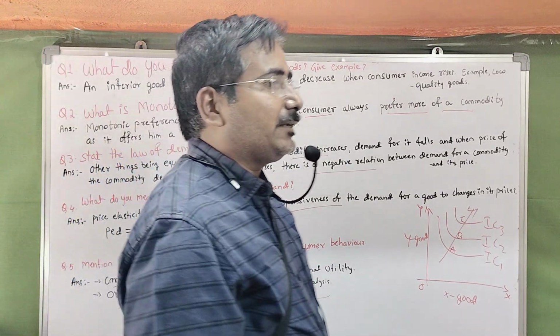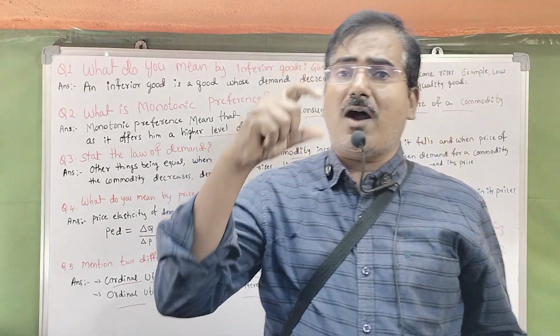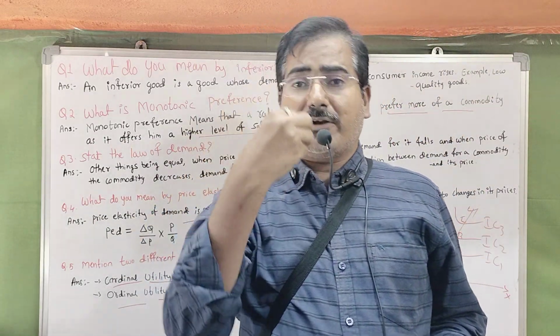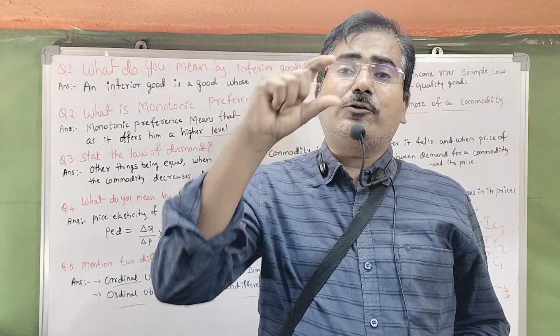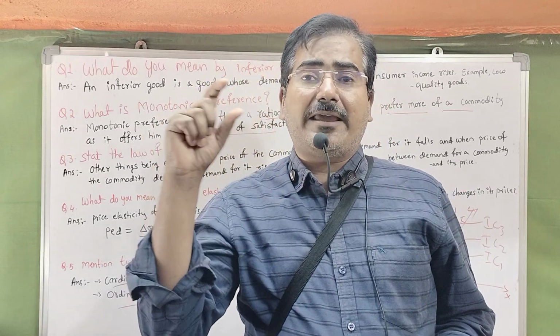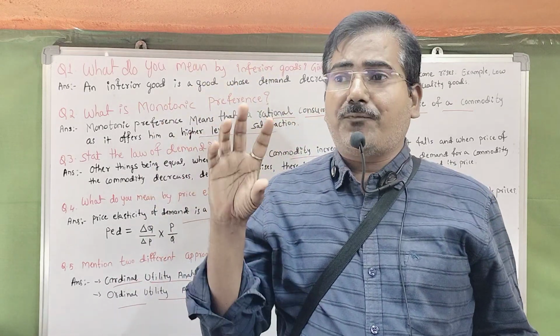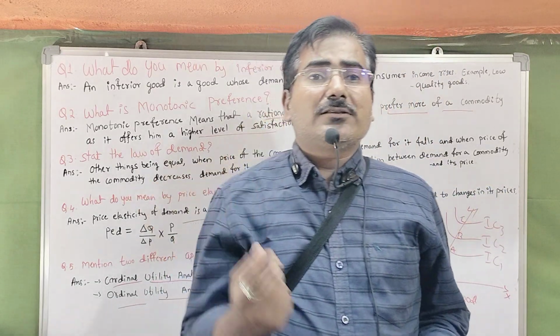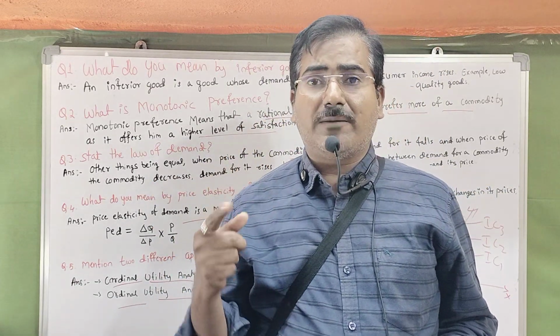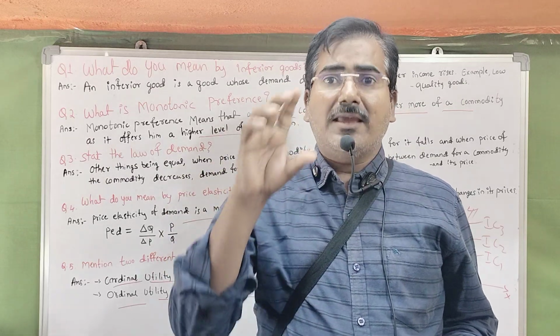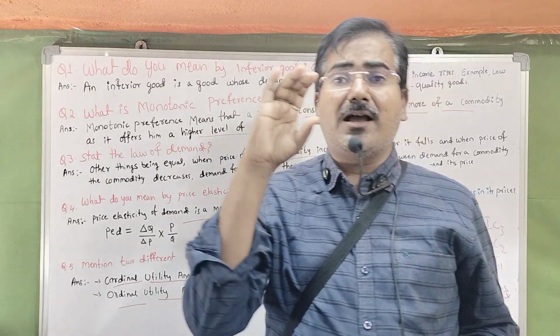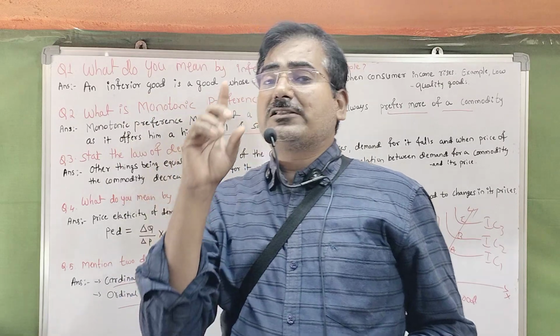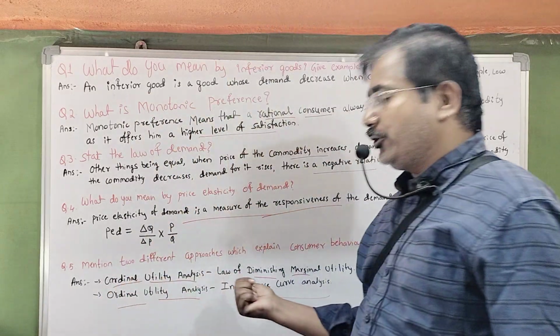Cardinal means that for a particular want or commodity consumed, we consider numbers, numerical values. For example, a glass of water or apples: apple number 1, apple number 2, util number 1, util number 2. That is the measurement in utils, the concept of the cardinal utility approach.